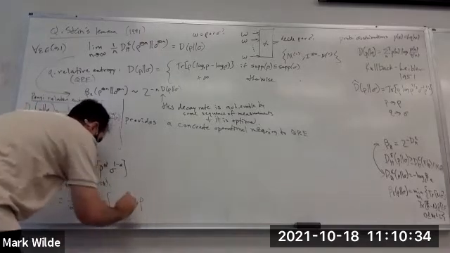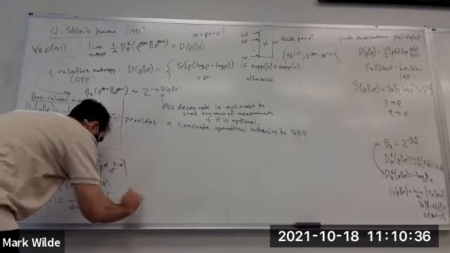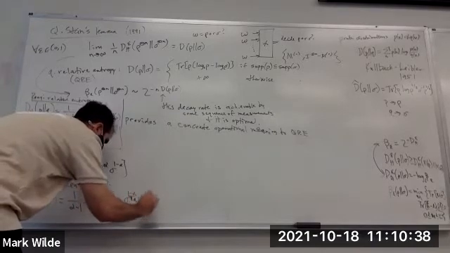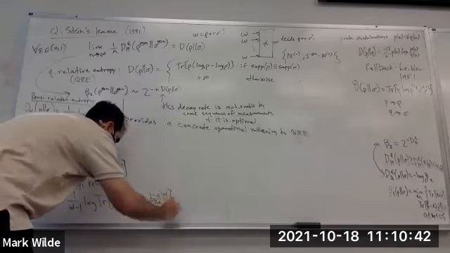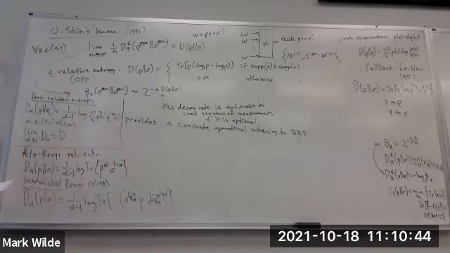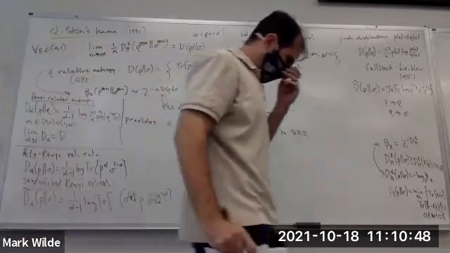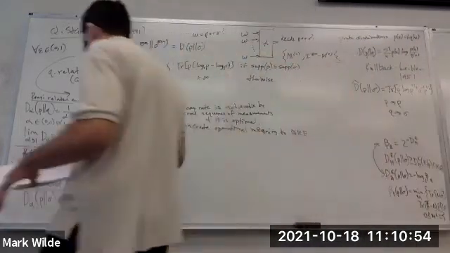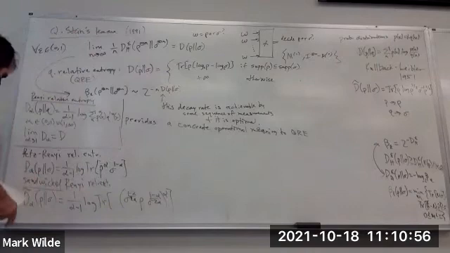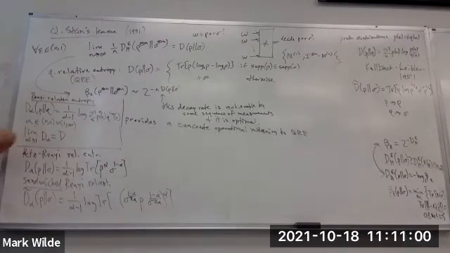You take rho, you sandwich it by sigma to the (1 minus alpha) over 2 alpha. And then you take the whole thing to the power alpha. And interestingly enough, it's not obvious, if you take the limit of this quantity as alpha goes to 1, it also converges to quantum relative entropy.